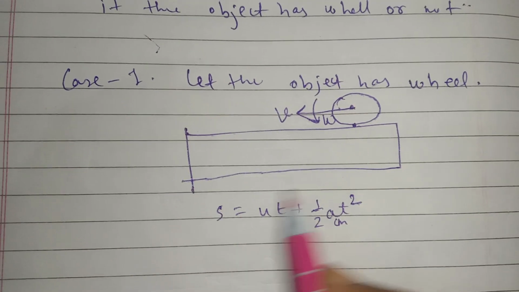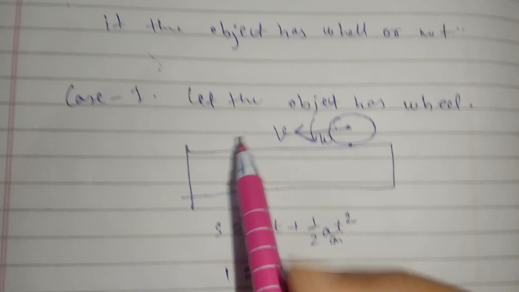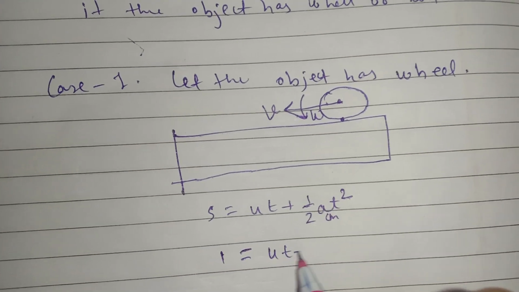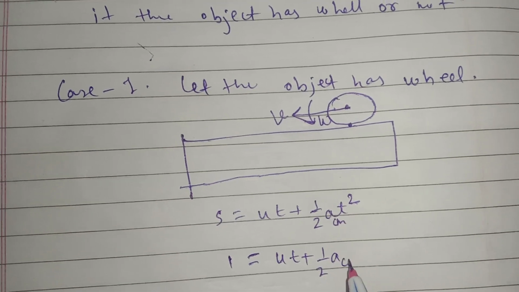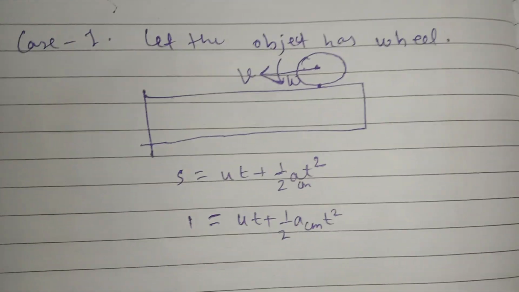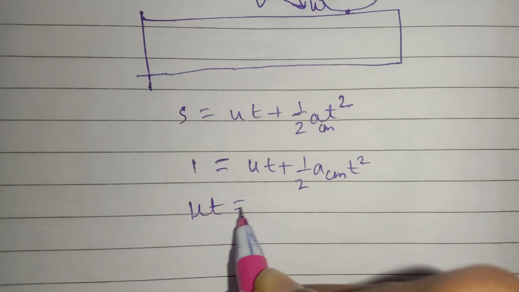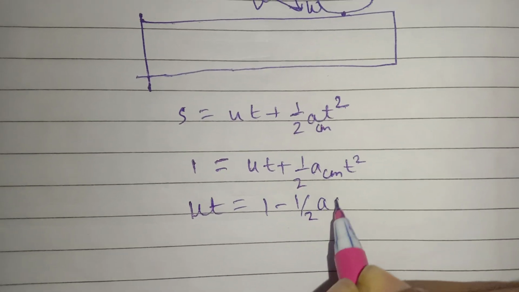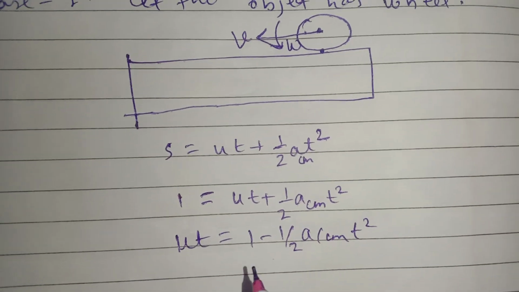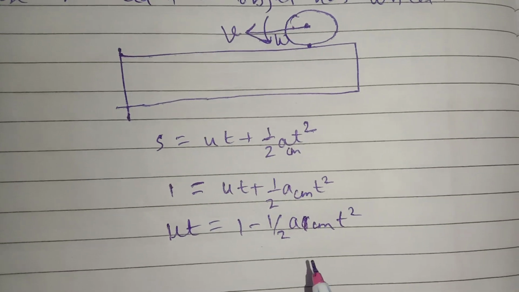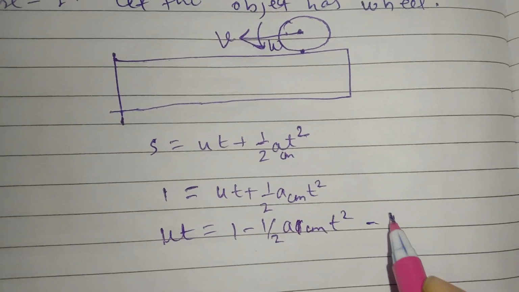Then s is given as 1 meter, so 1 equals ut plus half a_cm t square. Then we get ut equals 1 minus half a_cm t square. We got the first equation.